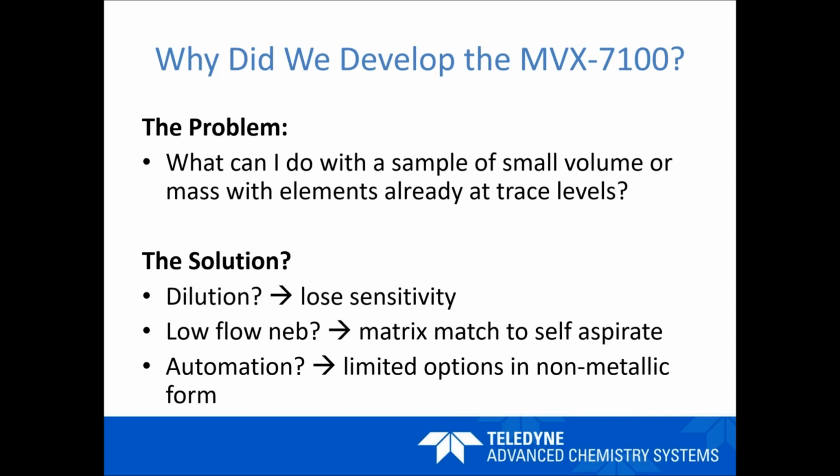You might have some issues where you need to do matrix matching for standardizations. So it might not be appropriate for what you want to do. And then automation as well. There's a limited number of options in terms of automation in a non-metallic form for ICP-MS. These typically work with the low flow nebulizers, but they wouldn't cover a lot of the challenges that you might have in terms of low volumes.